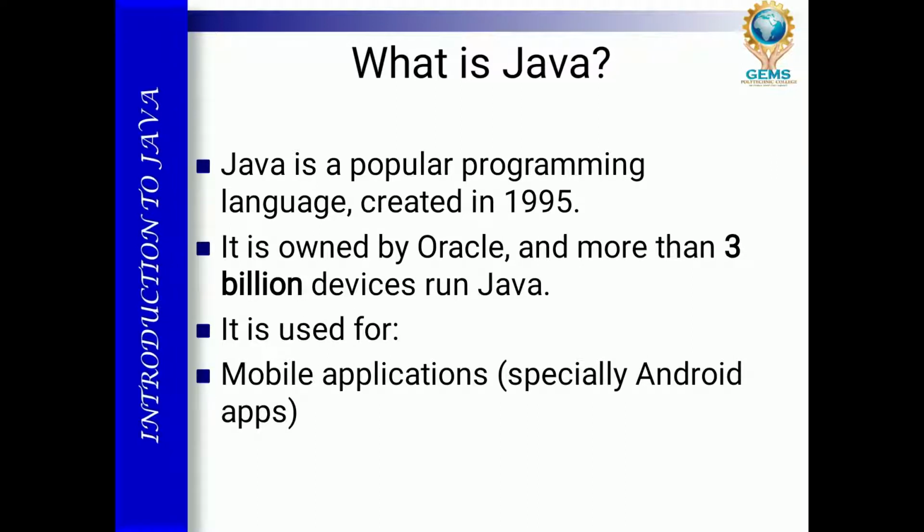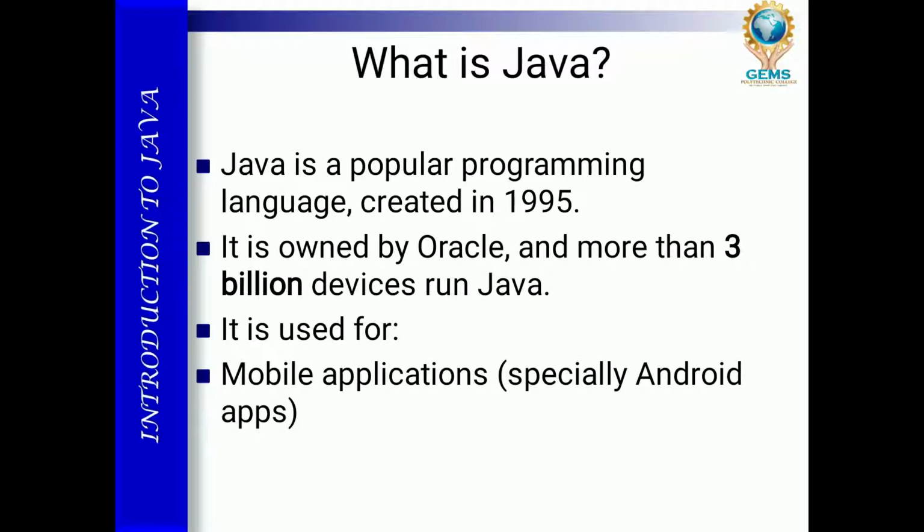Java is a platform independent language. What does it mean? Platform independent means it will execute irrespective of the operating system. What are the uses of Java programming?